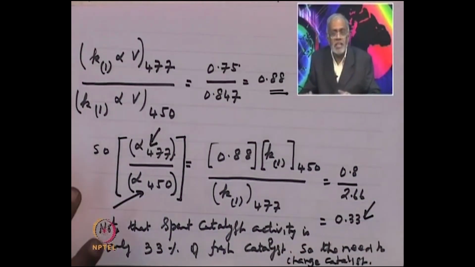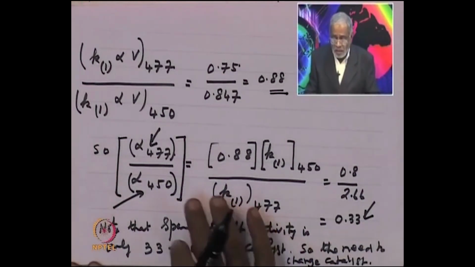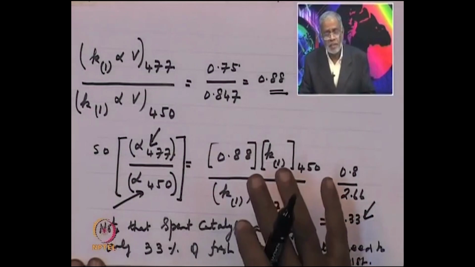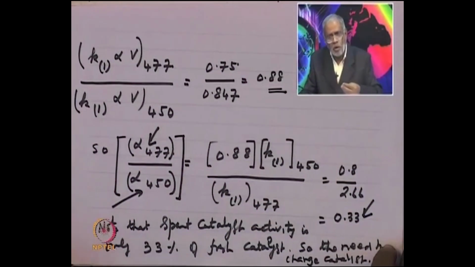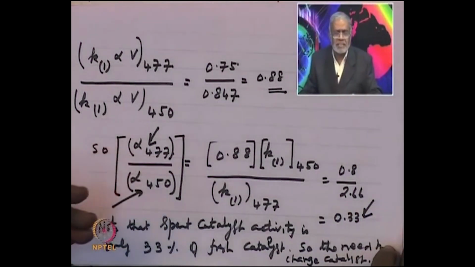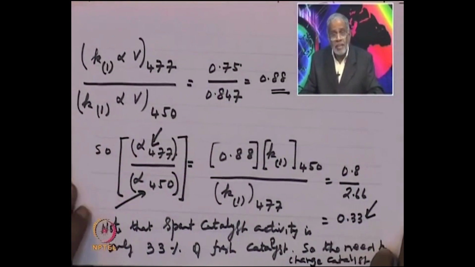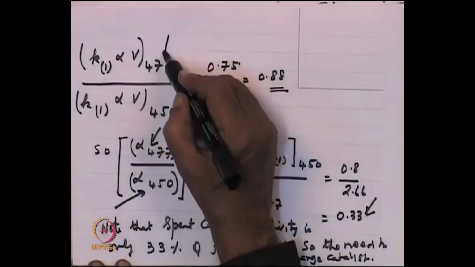What we are trying to say here is the following. In this catalyst evaluation, we are given a spent catalyst, we want to find out what is the activity of spent catalyst. Okay. Now we find that the spent catalyst is working at 477.